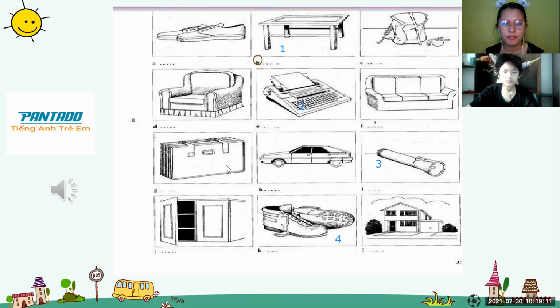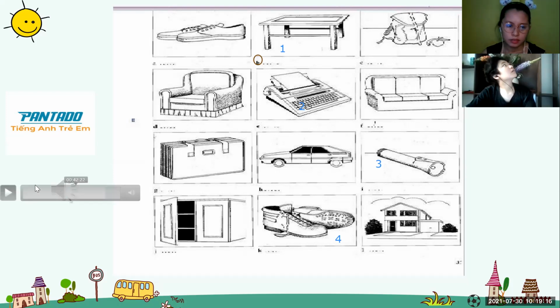Okay. All right. Let's listen for number 5, maybe you just misheard it.